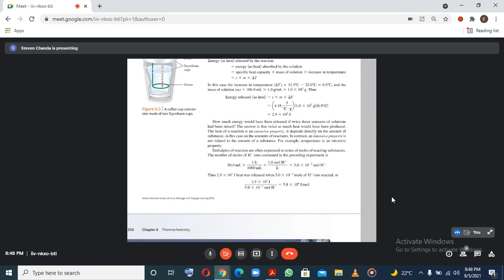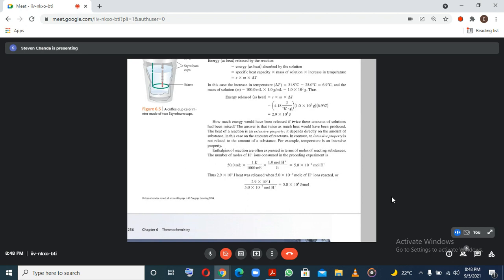Okay. Then the mass of the solution is what? The volume of the solution is 100 mL. Of course, we can remember density. We can always use density to convert volume to mass, isn't it?